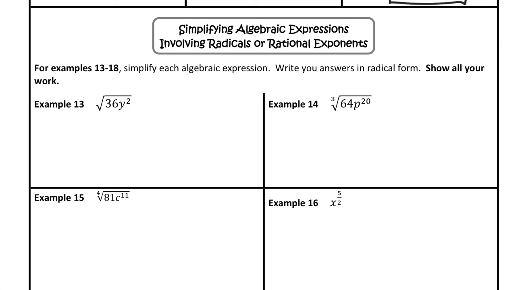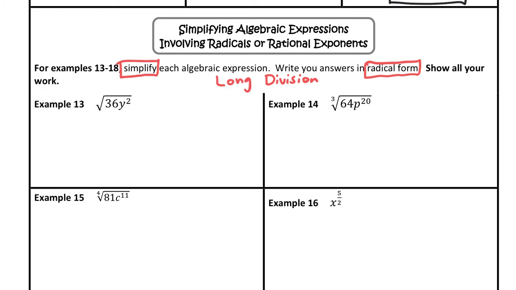Okay, and the key thing you want to look for are these words. So if you see the word simplify and write your answers in radical form, this is going to signal you to do the process that we're going to do here today. And the process is called long division. Or you could say, division with remainders.